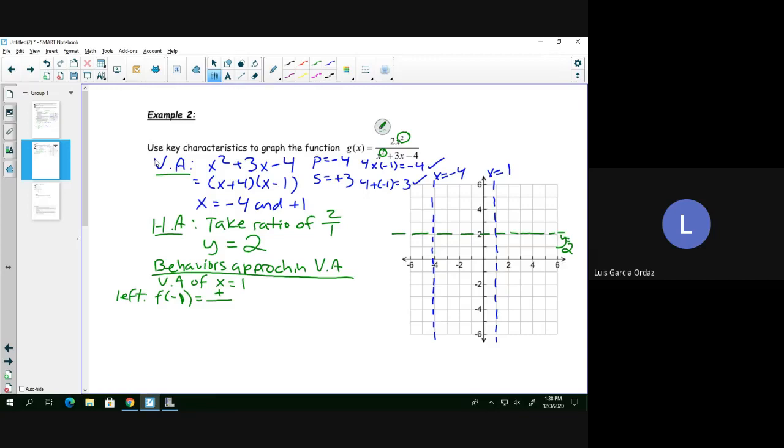Juliana, we don't use 0 because if you sub in 0 for the numerator, it's just going to give us 0 back, and you can't really determine if 0 is positive or negative. Adam, thank you. Your denominator is going to be a negative, which means it approaches negative infinity.